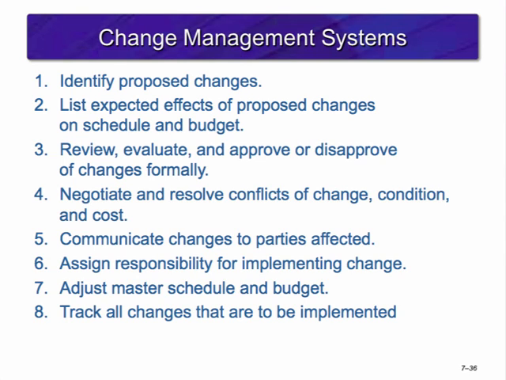Review, evaluate, and approve or disapprove of the changes formally. 4. Negotiate and resolve conflicts of change, condition, and cost. 5. Communicate changes to parties affected. 6. Assign responsibility for implementing change. 7. Adjust master schedule and budget. 8. Track all changes that are to be implemented.